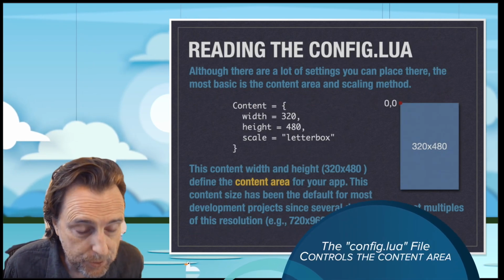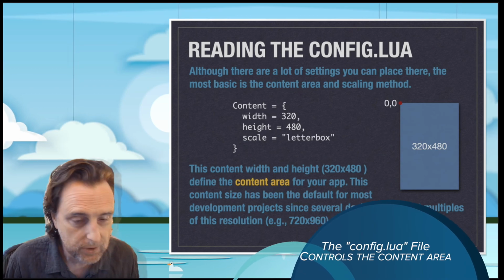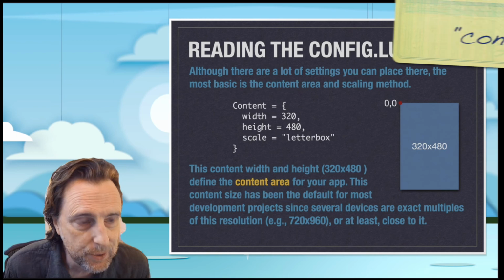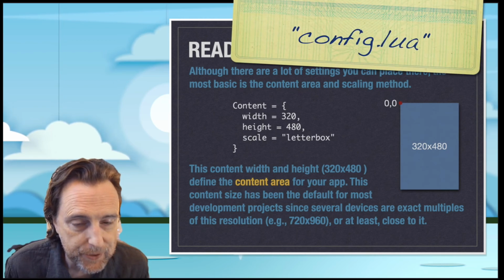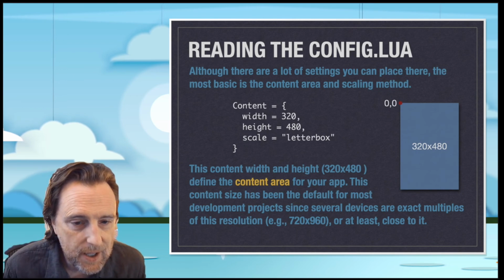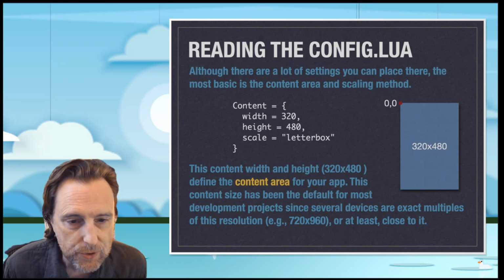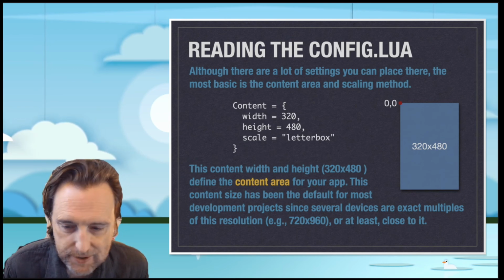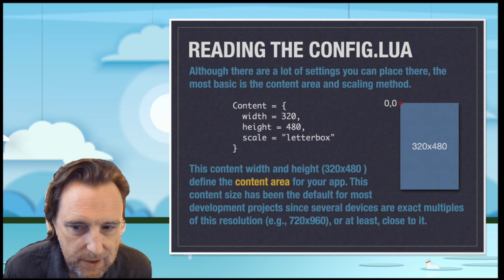The config.lua is very short. It can get quite a lot longer, but a basic config.lua really just spells out the width and the height of the content area, and then the scaling approach that you want to use. So you can see here I've set it to 320 by 480 and used letterbox scaling, which I'll talk about on the next slide.